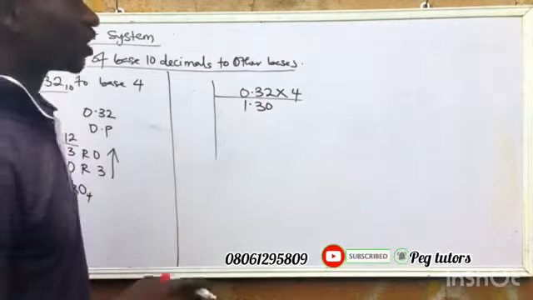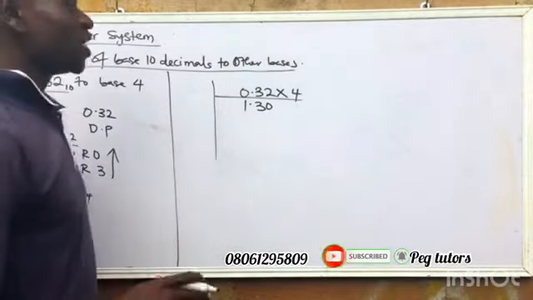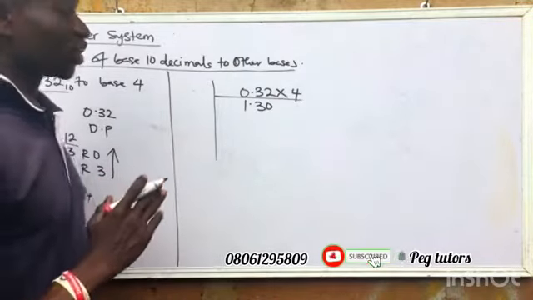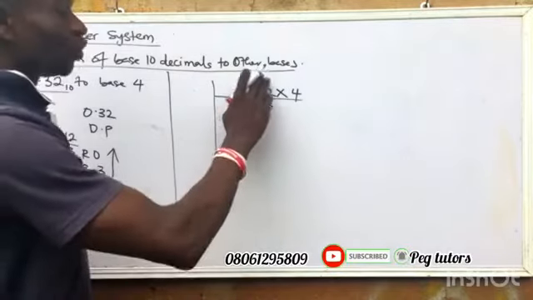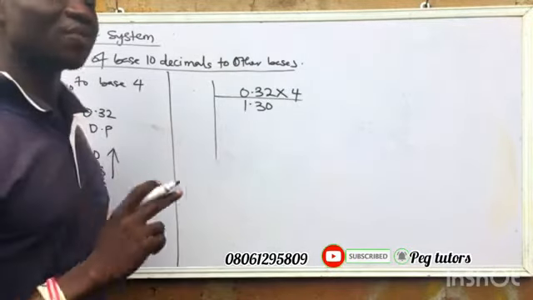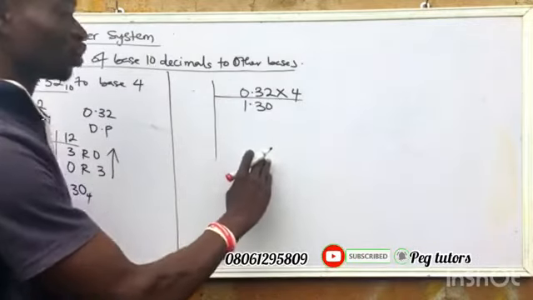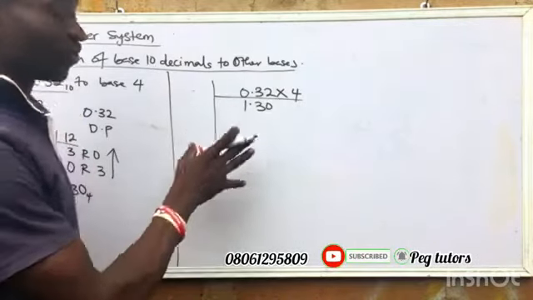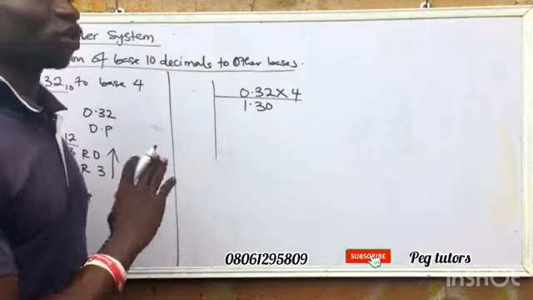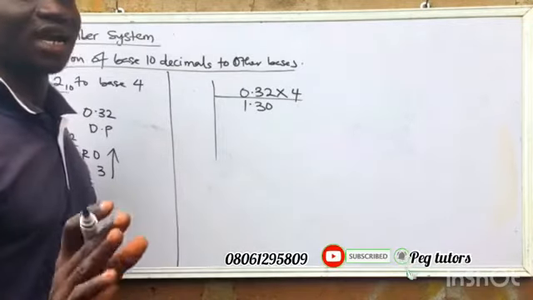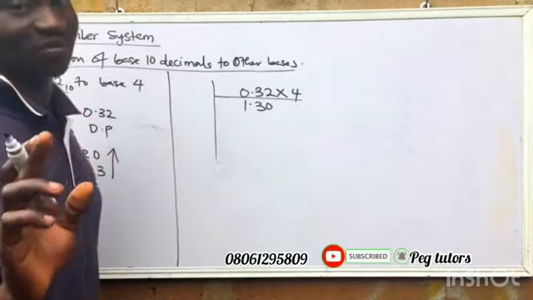Now 1.30 does not end there. Sometimes the questionnaire will ask you to do everything to 3 decimal places or 4 or 5 decimal places. But if you are not told anything, by default you can end at 3 decimal places.